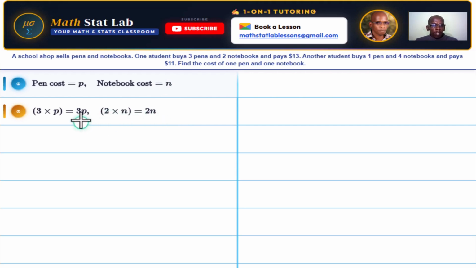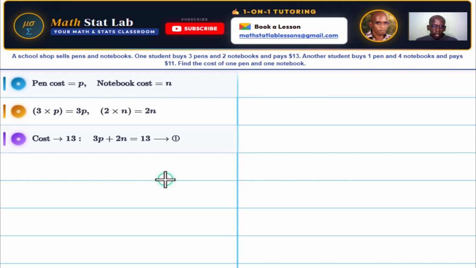But after all these costs, for pens and for notebooks, he spent $13. Meaning, if I take 3P plus 2N, which is now the total cost of those items, I should get $13. So 3P plus 2N is $13, and you have formed the first linear equation from the question.